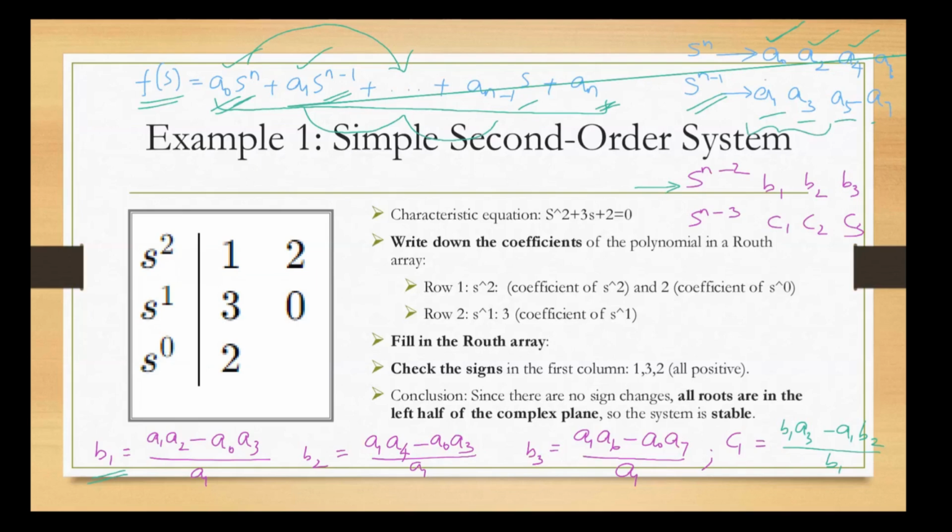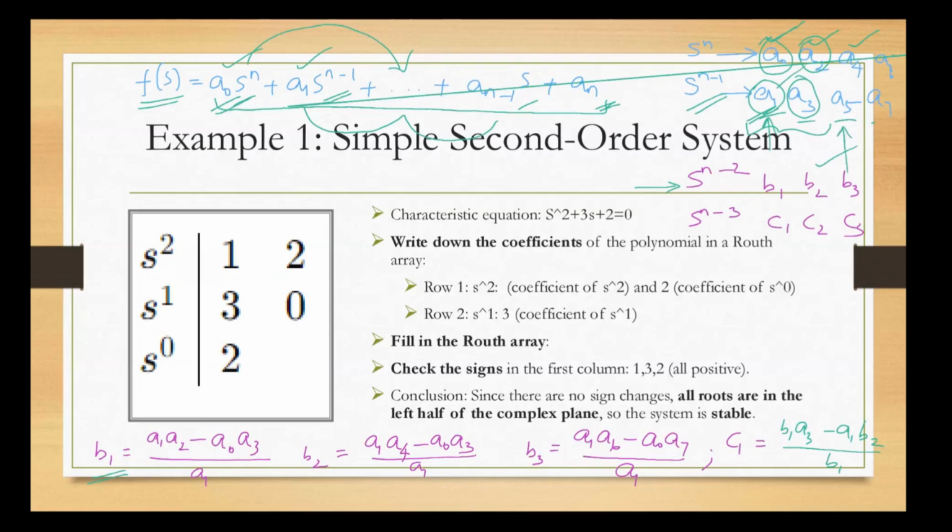So this element multiplied with this element, minus this element multiplied with this element, and the whole divided by this element a1.